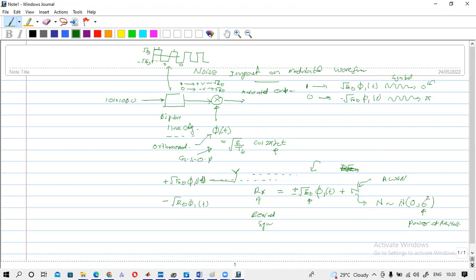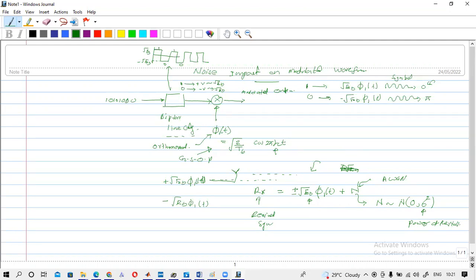In this case we will take it as a normal Gaussian variable, because no imaginary part is there in our simulation. But when we are doing QPSK, we will have imaginary parts, so sometimes when we are dealing with a QPSK signal, we get this noise as complex Gaussian noise. But here we will get it as a normal Gaussian noise. So this sigma is the power of the noise.